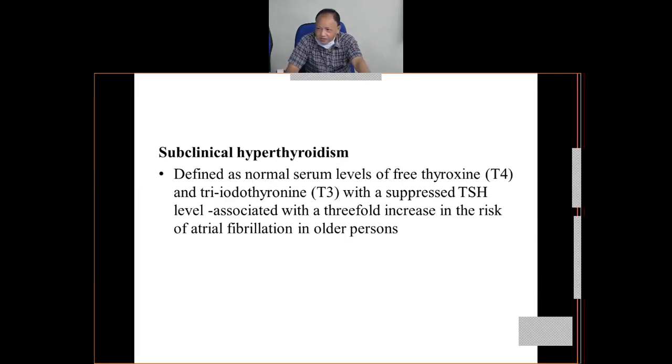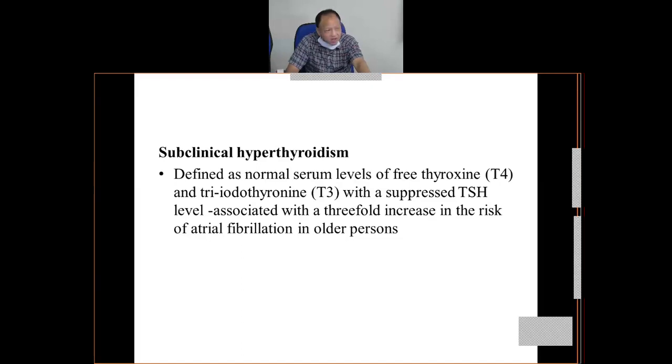Subclinical hyperthyroidism. Just as we have subclinical hypothyroidism, which we discussed last time, we also have subclinical hyperthyroidism. Subclinical means that the patient does not have any clinical features. However, the biochemical features, the thyroid function test, will tell us that there are some changes. So there will be normal clinical features. However, the serum TSH will be low with a normal T4 and T3.